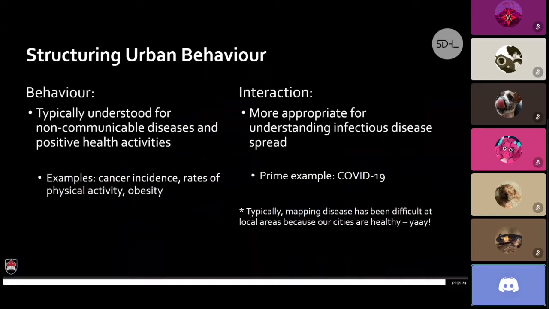This interaction element is newer, and it's more appropriate for understanding the spread of infectious diseases because ultimately it's not human-environment interactions, it's human-to-human interactions. So what we want to do is look at the urban environment and how it structures human-to-human interactions. Next slide, please.